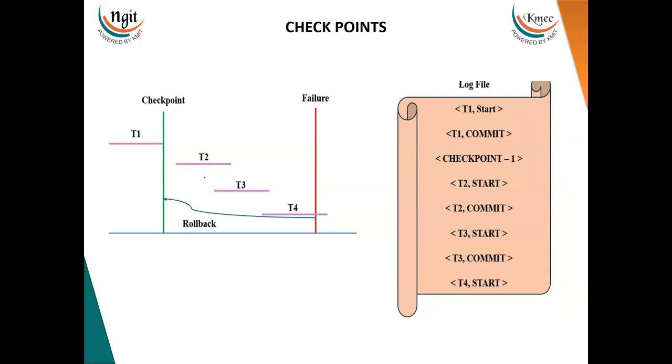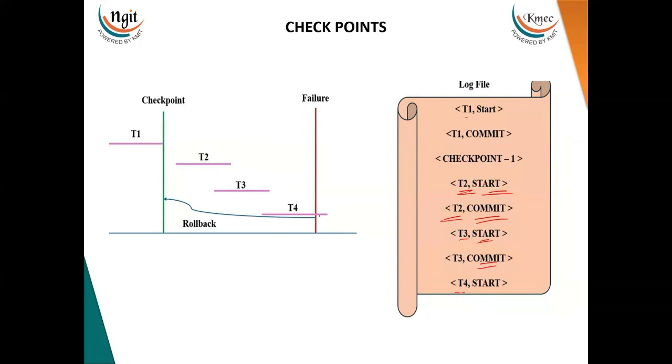Now we can see T2, T3 and T4, all running concurrently with each other. From this log file, you can see that T2 has started its execution, finished, and reached the commit state. Similarly, T3 started and reached the commit state. T4 started, but it has not reached the commit state.